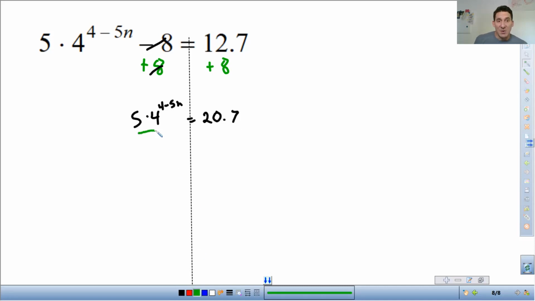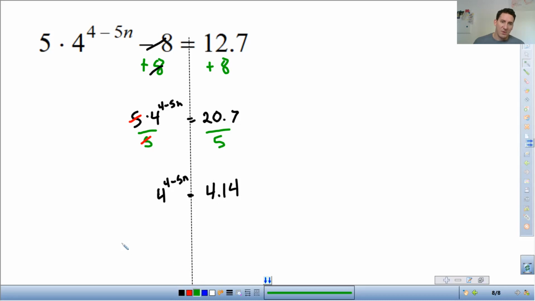Now I need to divide both sides by 5. So this cancels out over here. I'm just going to use a calculator here. 20.7 divided by 5 comes out to 4.14. So I get 4 to the 4 minus 5n is equal to 4.14.